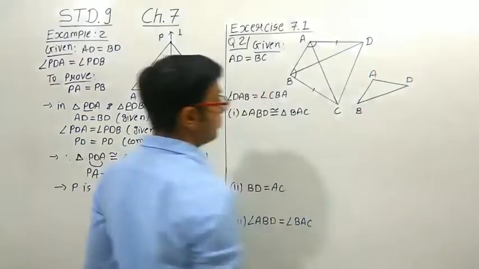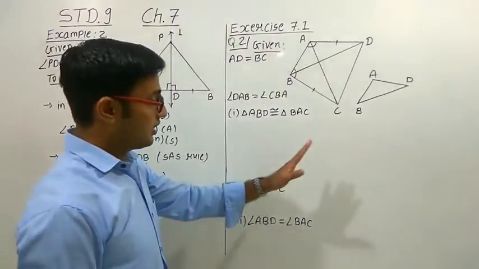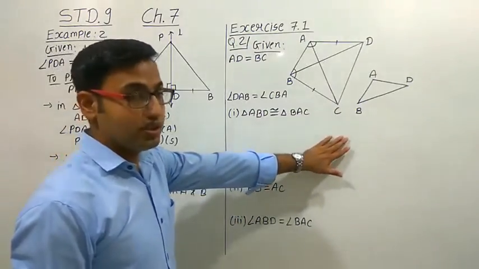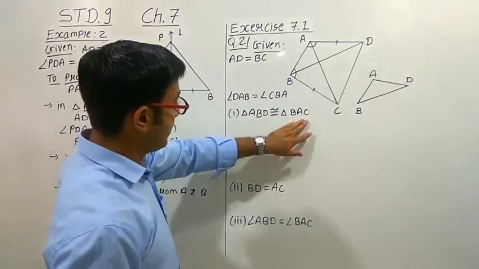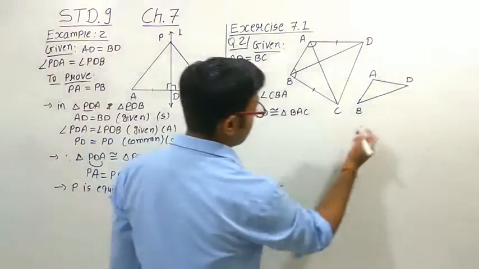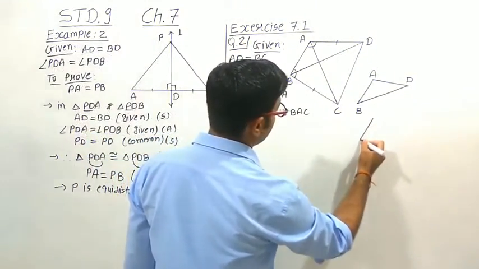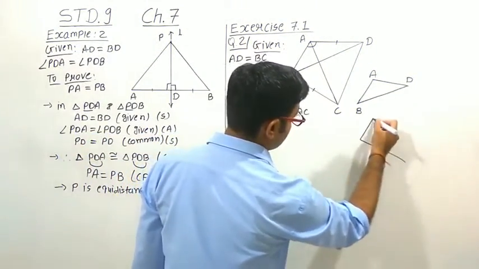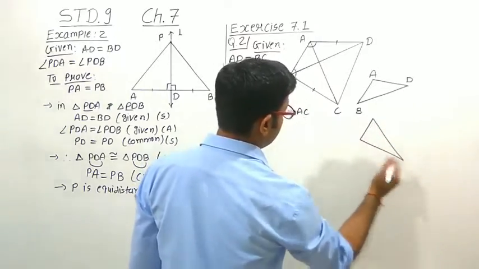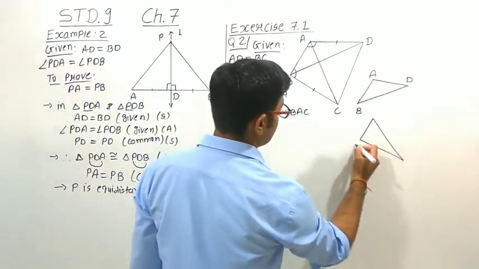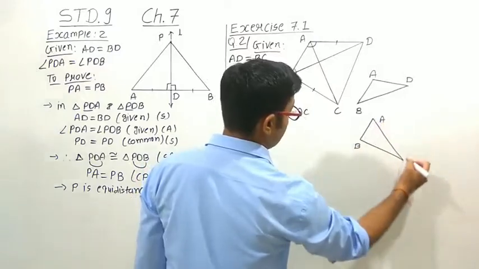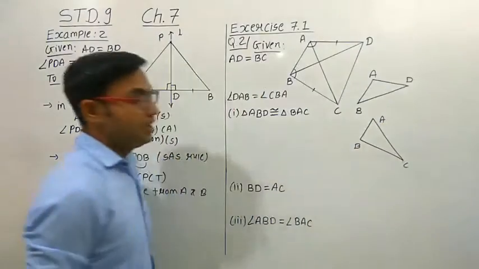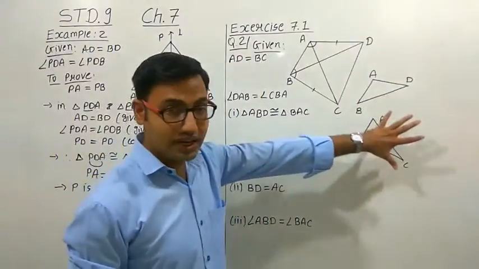You separate out the triangle so that now it will be easy to understand. Again, separate this triangle BAC. So BAC is like this. This is B, this is A, and this is C. Now we have separated out both the triangles.